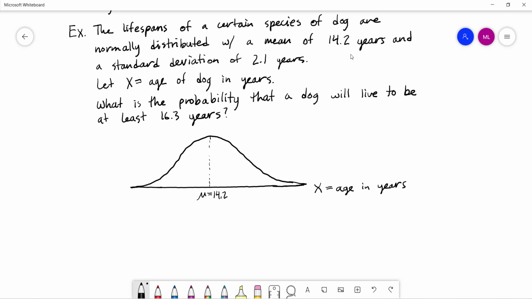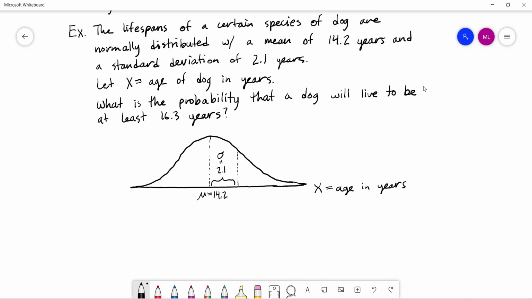We said that a standard deviation in this case, which we ballpark is about that distance right there, is supposed to be 2.1 years. This is the value of sigma, according to the problem that we just stated. And so our goal is to figure out what's the probability that a dog will live to be at least 16.3 years.